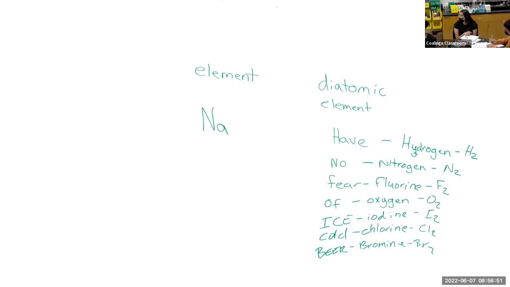So there are some other exceptions. There are two, and those are polyatomic. Poly, what does poly mean? Multiple, that's right. Okay, so there are two that are polyatomic.